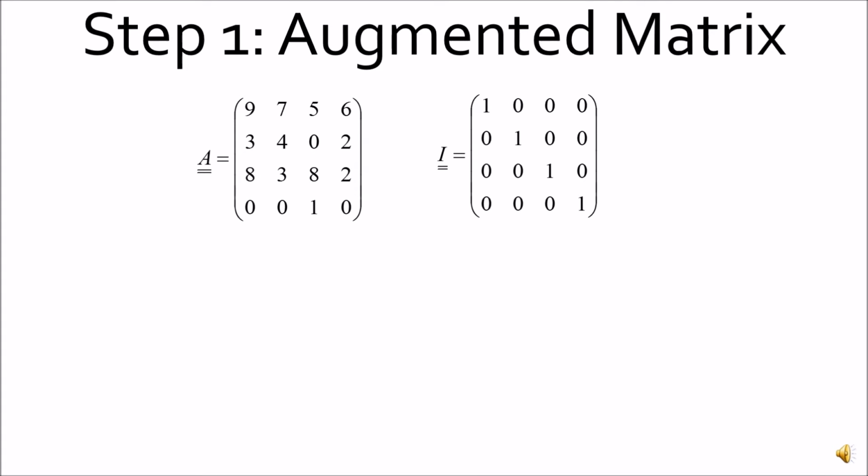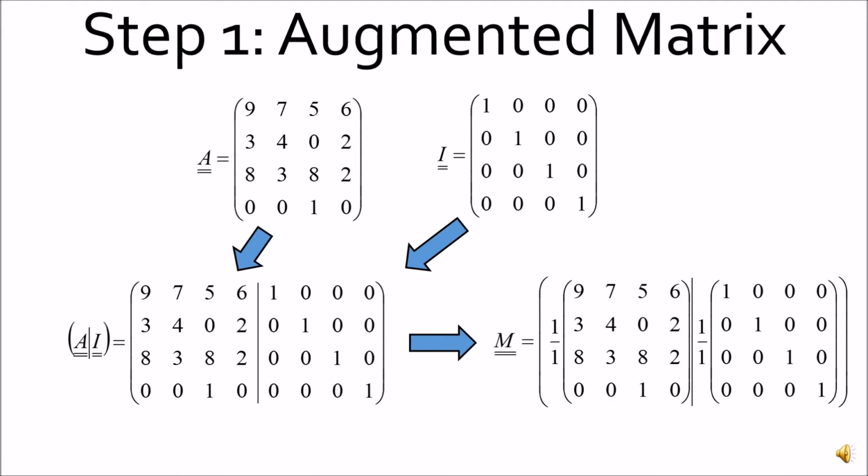Okay, so let's get down to the actual technique and the algorithm we're going to use. We start off with our matrix of interest, A, and the identity matrix, and we form the augmented matrix. What I've done here is I have basically taken a factor out the front of each matrix. It starts off as 1 divided by 1. The reason I've done this is just notation, to make life easy.